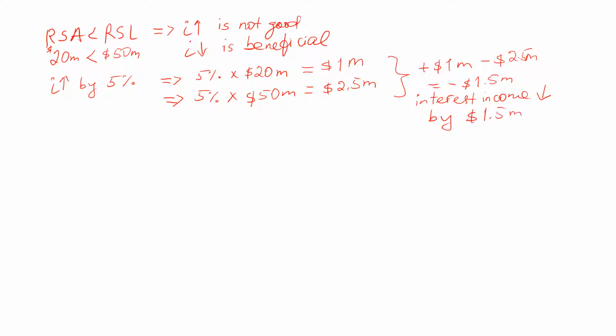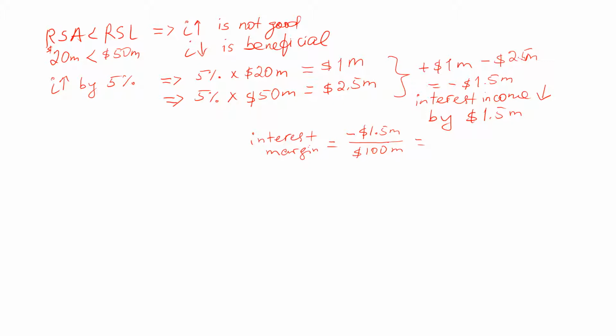$1.5 million. So how about the bank's net interest margin as a result of the increase of 5% interest rate? Interest margin is defined as the percentage of the bank's interest income, in this case the negative $1.5 million, out of its total assets, which is $100 million.